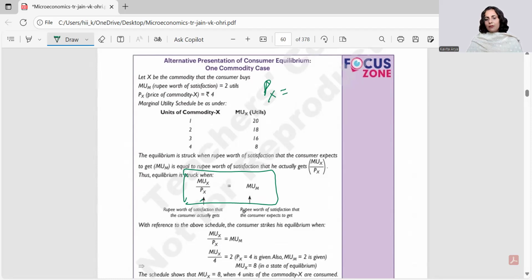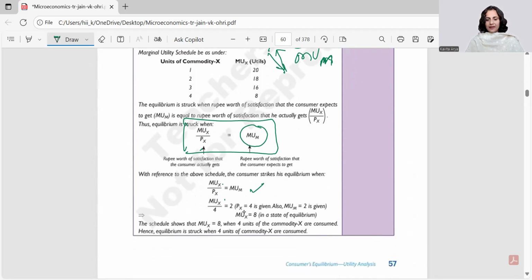He pays when price is equal to the utility of that commodity, and we must express this utility in terms of money, right? They have given the alternative expression also. So this becomes MUM equal to MUX by PX. So MUM is equal to MUX by PX. This is one and the same thing, just the alternative expression of the one commodity case consumer equilibrium situation, right?